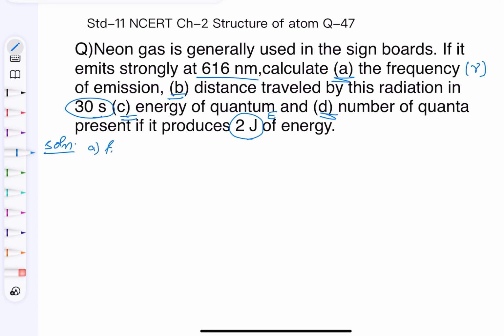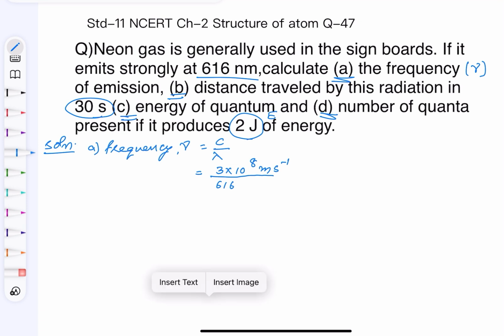We know that frequency nu can be written with formula nu is equal to c by lambda. Here c is nothing but speed of light, which has got a value 3 into 10 to the power of 8 meter per second, and lambda is given to you as 616 nanometers.